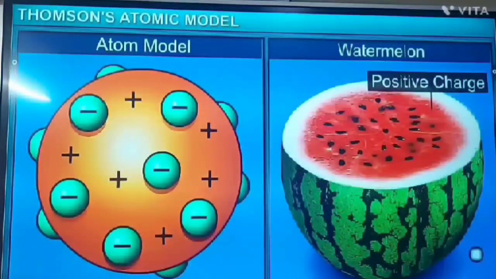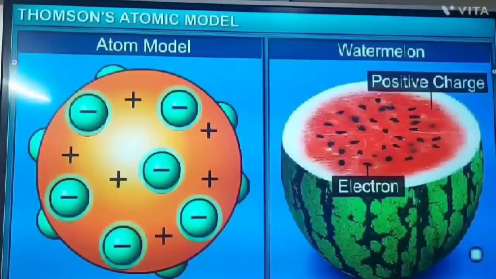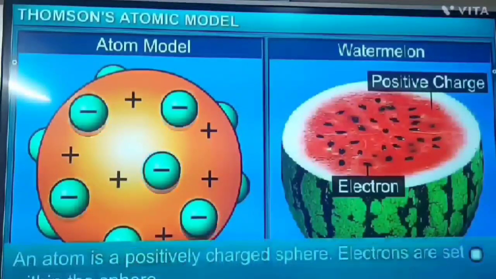The positive charge in the atom is spread all over like the red, fleshy part of the watermelon, while the electrons are embedded into the atoms like the seeds of the watermelon. The oppositely charged particles are held together by electrical force of attraction. Thomson concluded that an atom consists of a positively charged sphere with electrons set within the sphere.